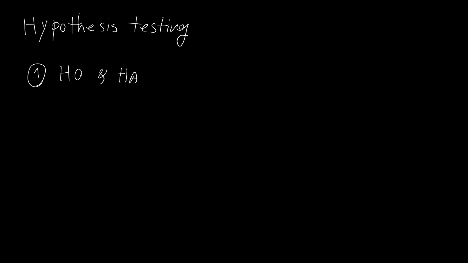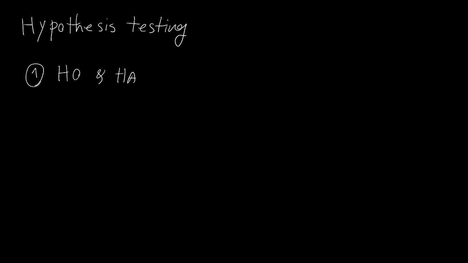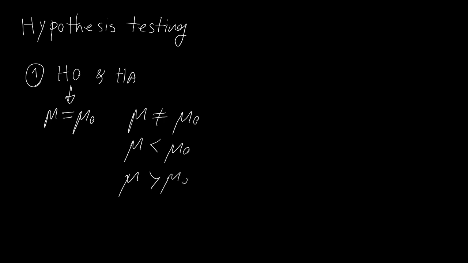For H0, the null hypothesis, we always have an equality statement, like mu equals mu 0. And for HA, it can be mu not equal to mu 0, mu less than mu 0, or mu greater than mu 0.